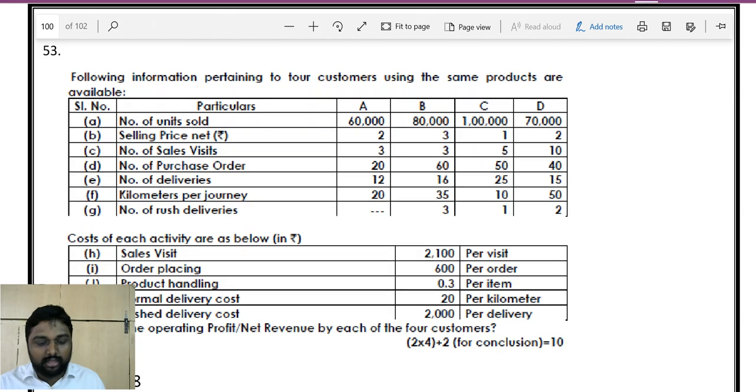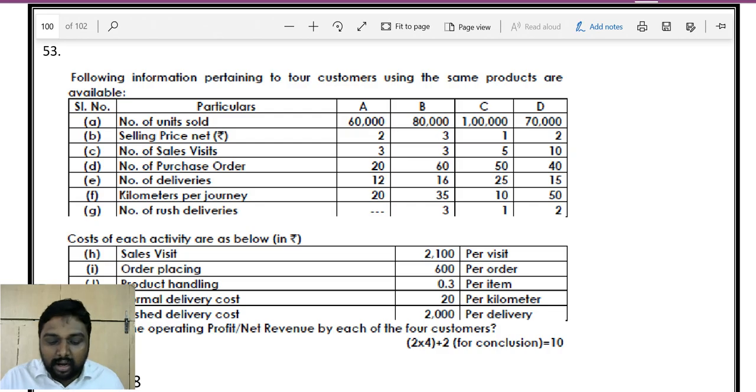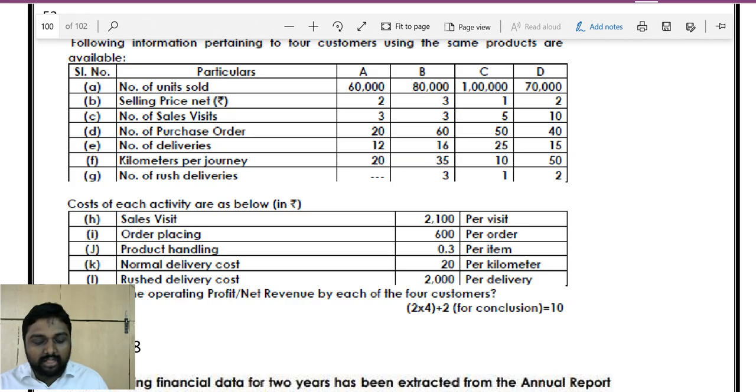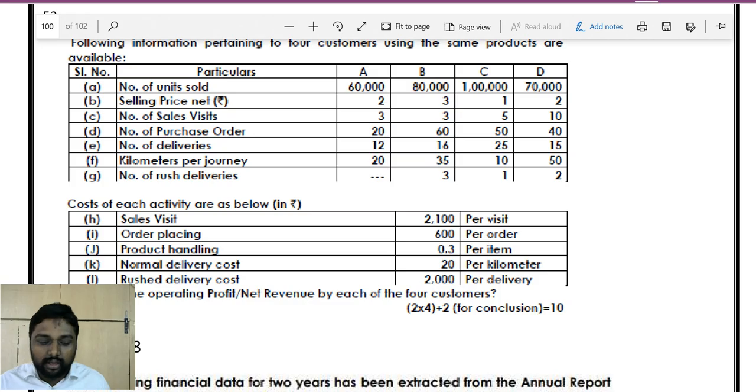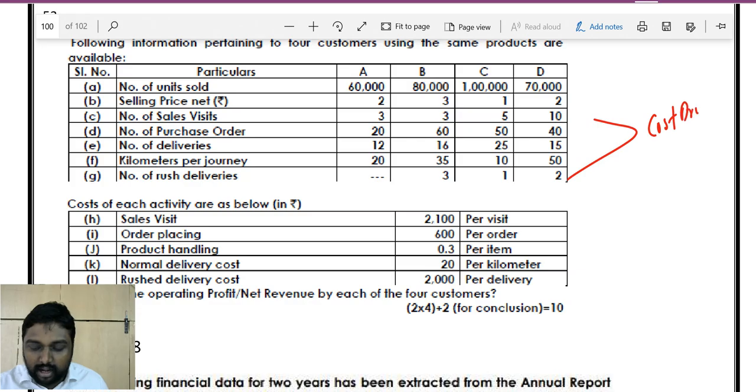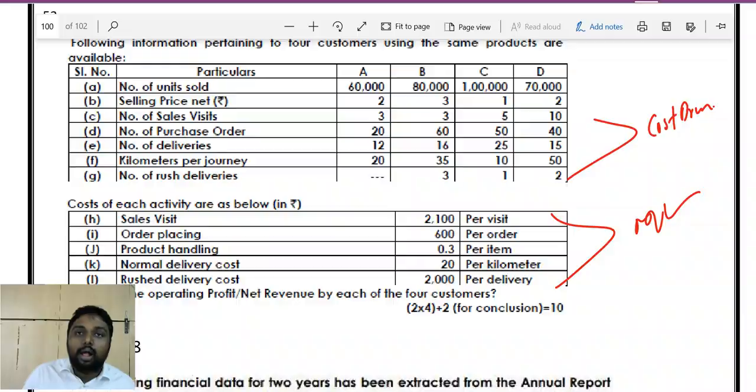From the following details pertaining to 4 customers using the same product: number of units sold, selling price, number of sales visits, and so on. This we call the cost driver. Here the number of drivers is given, and they are asking us to find out the profit.